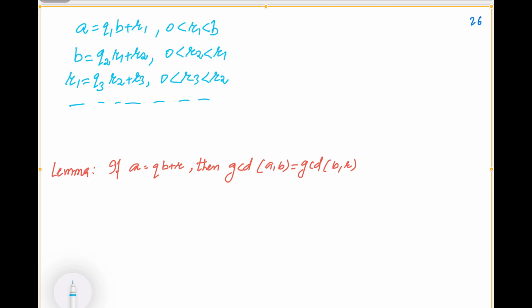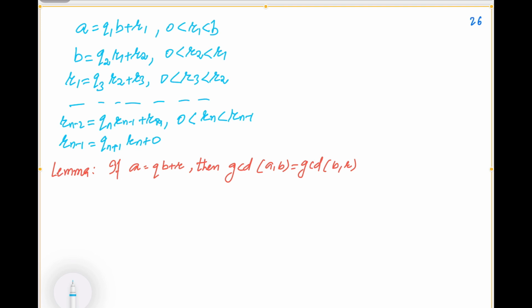And after n plus 1 steps, we have Rn minus 2 equals QnRn minus 1 plus Rn, with Rn greater than 0 and less than Rn minus 1, and at last Rn minus 1 is Qn plus 1 Rn plus 0 remainder.